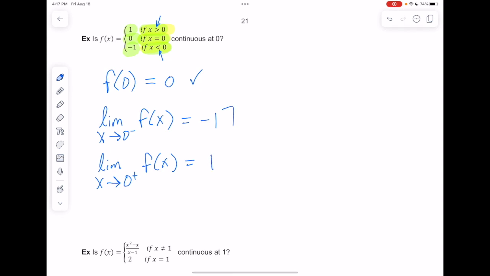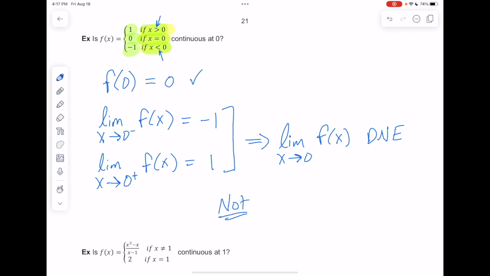And the fact that these two are different tells us that the overall limit does not exist. So the limit as x approaches 0 of f of x does not exist, and right there, because we failed on step 2 of the continuity check, we now know that this function is not continuous at x equals 0.